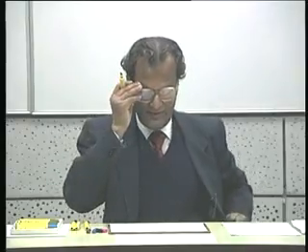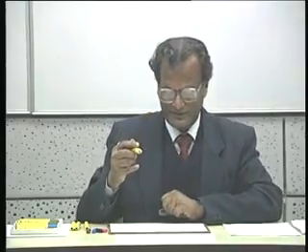A circuit, by definition, is a closed path. That is, you start from somewhere and come back to the same point. If there exists a path like this, then it is called a circuit.